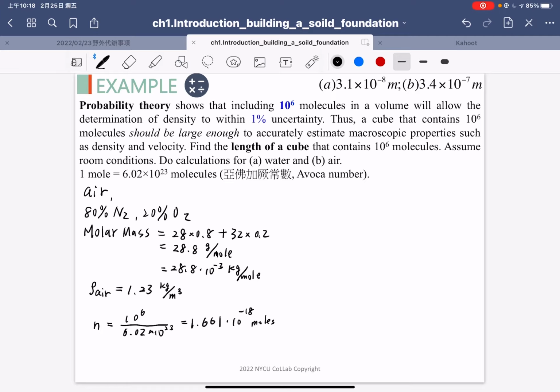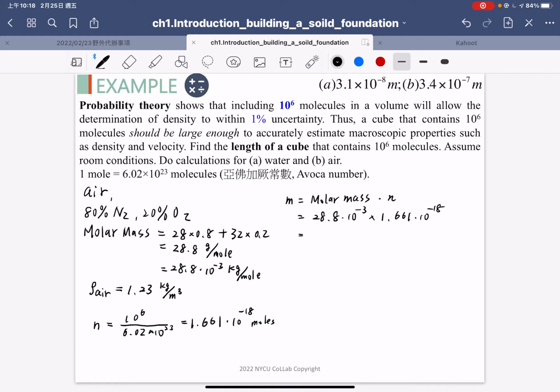As we know, the weight or mass m of the air is equal to the molar mass multiplied by the mole. So you directly apply the numbers here: 28.8 times 10 to the minus 3, multiplied by 1.661 times 10 to the minus 18, and you know the mass of the air.